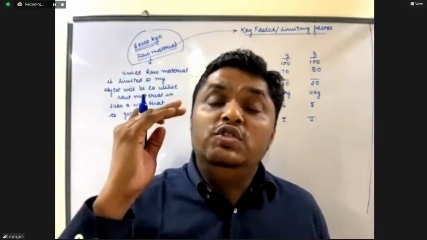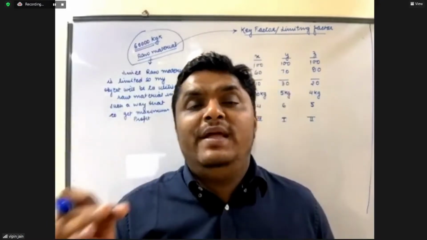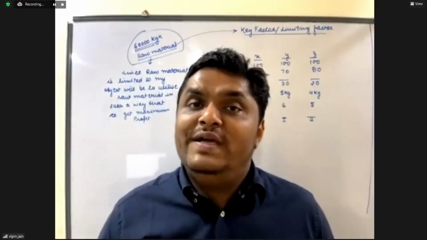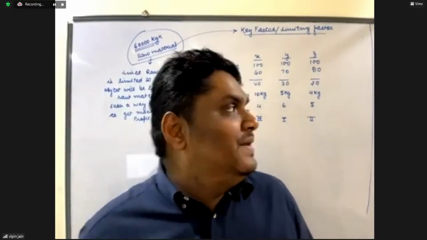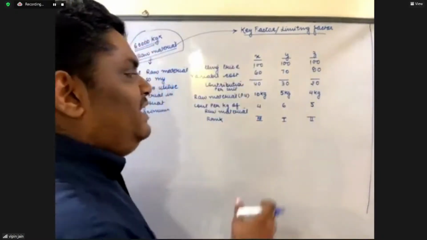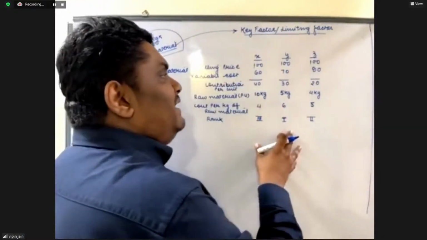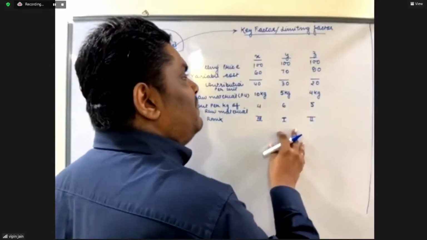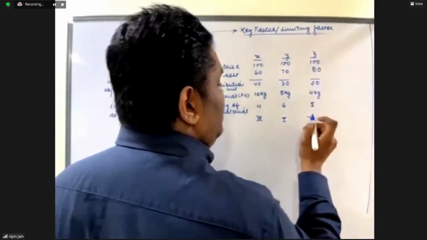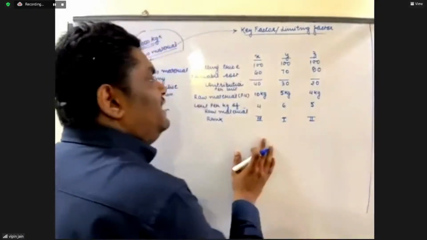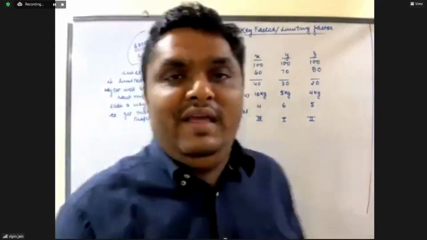Rupees 40. So per kg profit, how much I am getting? Rupees 4. So it is not advisable to manufacture X. The best option is that we should first manufacture Y. If the market demand is fulfilled for Y, then we will proceed with manufacturing product Z, and the third priority will be given to manufacture product X.